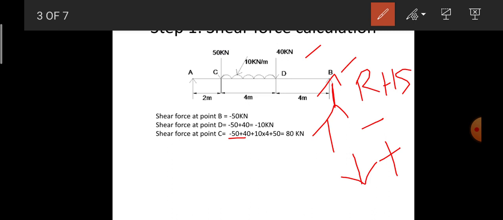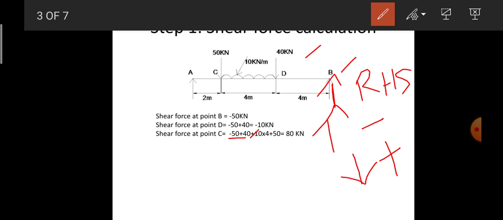Right hand side upward force is considered negative. Next is point D. The force acting at point D is 40 kilonewton, which is acting in downward direction, hence it is taken as positive.